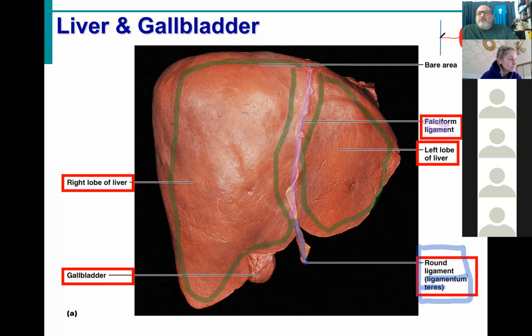Well, that umbilical cord's job was to bring nutrients from mom, and guess where it goes? Straight to the liver. So we have these umbilical veins that come from mom back to the liver. The same way our digestive system goes to the liver first, our placenta went to the liver first. Of course, when you're born, we cut that umbilical cord.